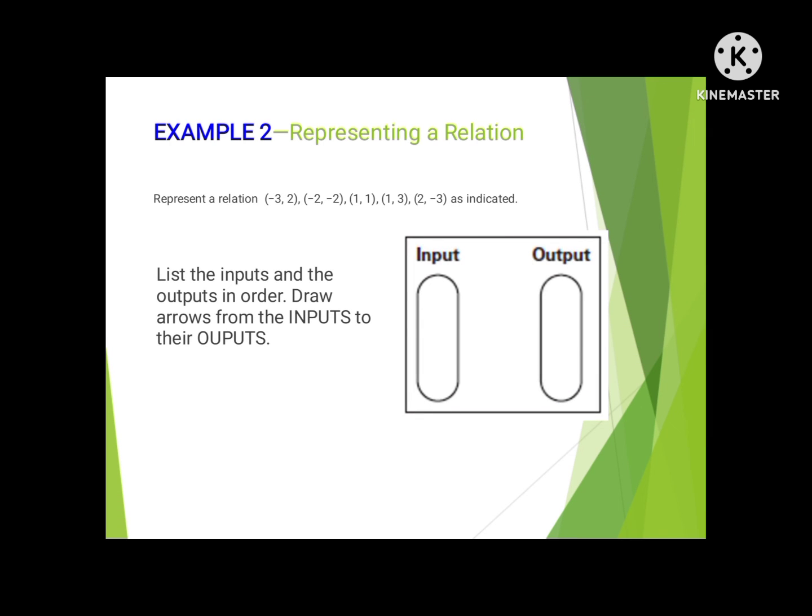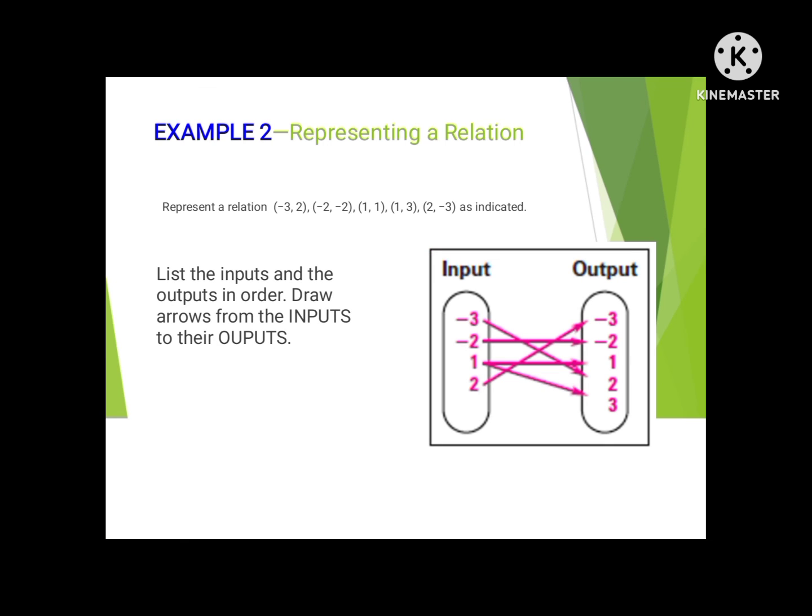Let's have this another example. List the inputs and outputs in order. Draw arrows from the inputs to their outputs. Here we can see in the input we have -3, -2, 1, and 2. And the output we have -3, -2, 1, 2, and 3.